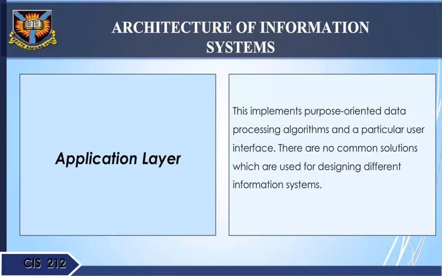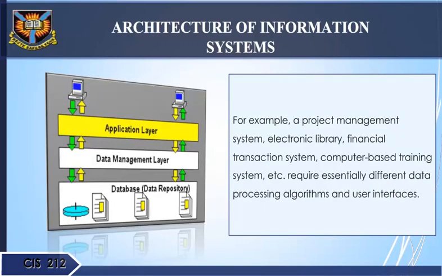There are no common solutions which are used for designing different information systems. For example, a project management system, electronic library, financial transaction system, computer-based training system, and so on, require essentially different data processing algorithms and user interfaces.